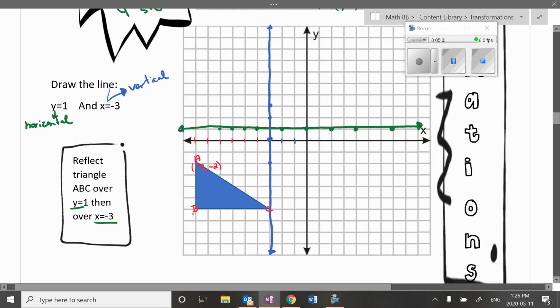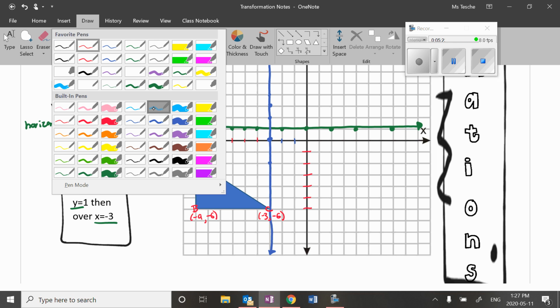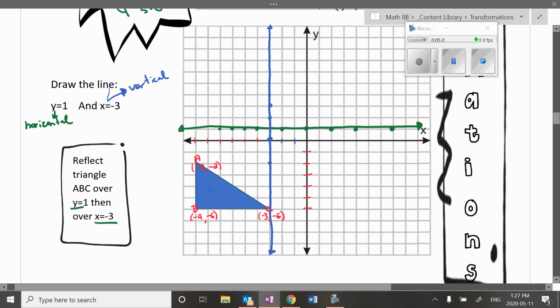B is also -9 to the left, but down 6. C is at -3, -6. So our first job, or the first part of this question, is to reflect this over y equals 1. So that's my green line.